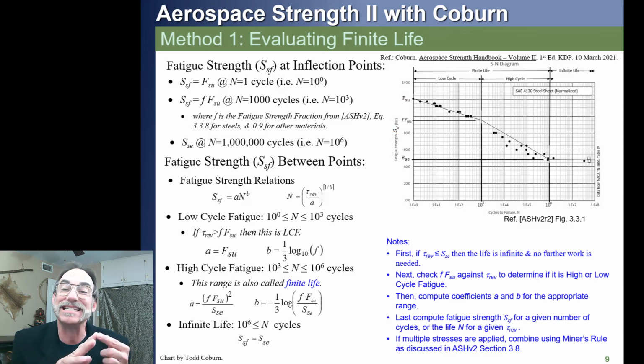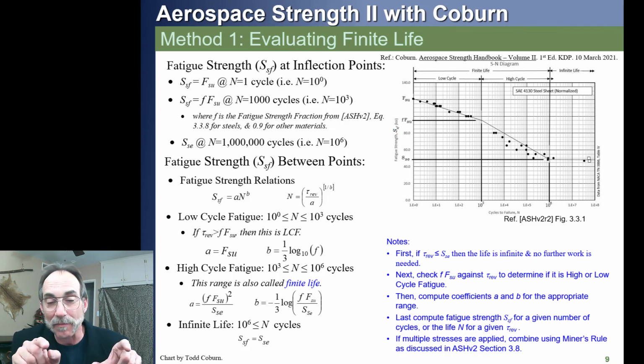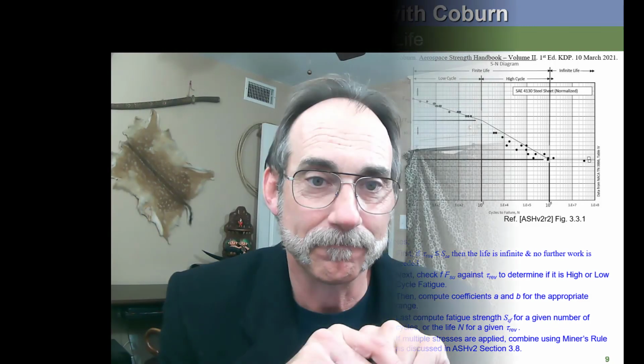We're going to have to characterize each by itself and then combine them using Miner's rule to estimate the damage. We apply Miner's rule in the exact same way that we did back in chapter 3.8. You got that? So this is how we use method 1 to evaluate the fatigue strength of welds.